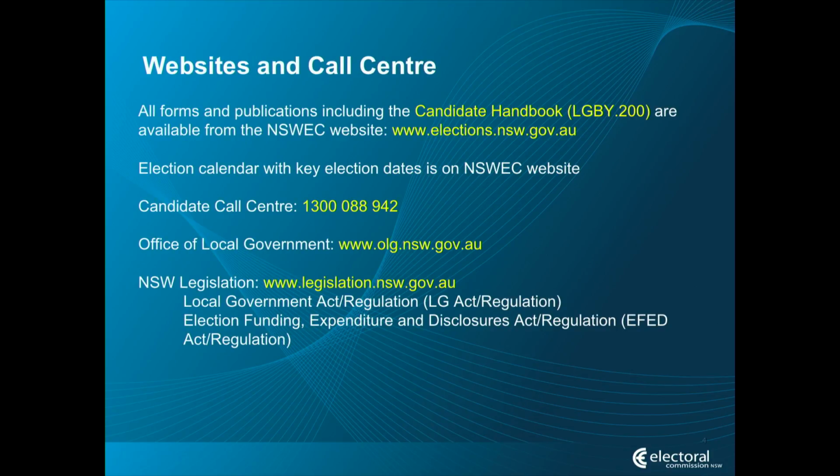Websites and call centre. All forms and publications, including the Candidate Handbook, are available from the New South Wales Electoral Commission website, www.elections.nsw.gov.au. The election calendar with key election dates is also available on the website. The Commission has a candidate call centre, and that number is 1300 088 942, to deal with any candidate-specific inquiries.